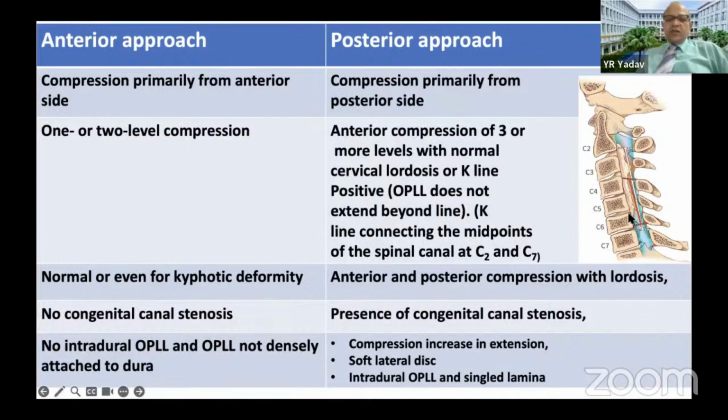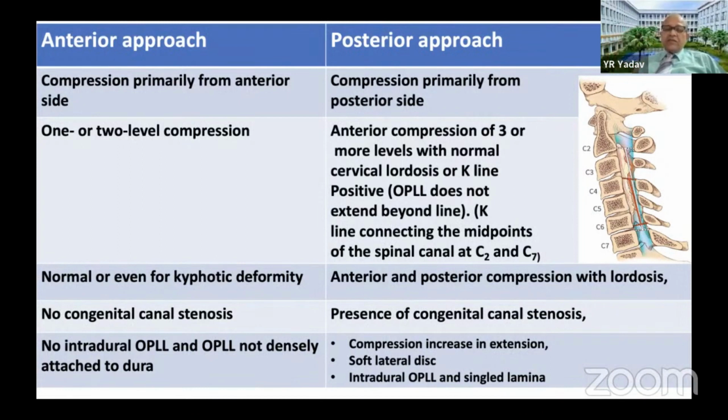And although the disc is lying anterior to the cord, if there is a soft disc which is lateral, near the lateral margin of the thecal sac, that also can be addressed by posterior approach. And if there is OPLL, although the lesion is lying anteriorly, but the OPLL is intradural, which is shown by double ring sign.